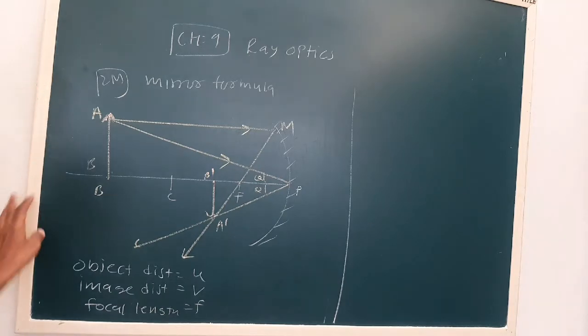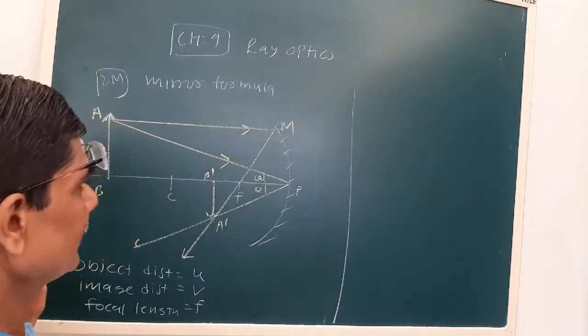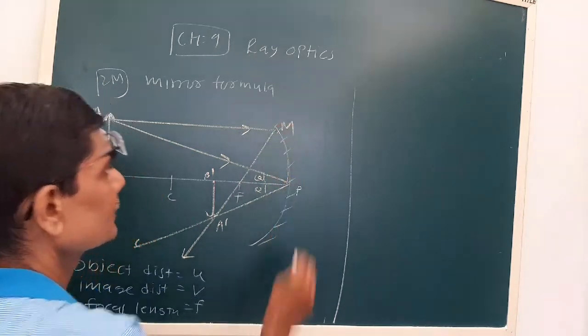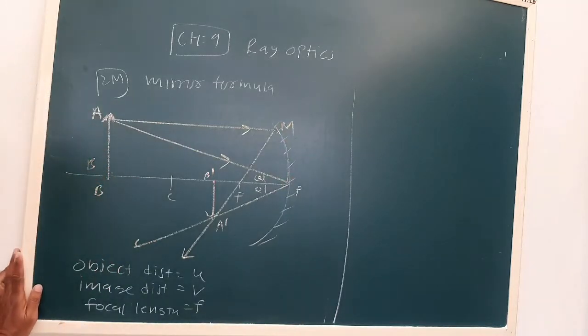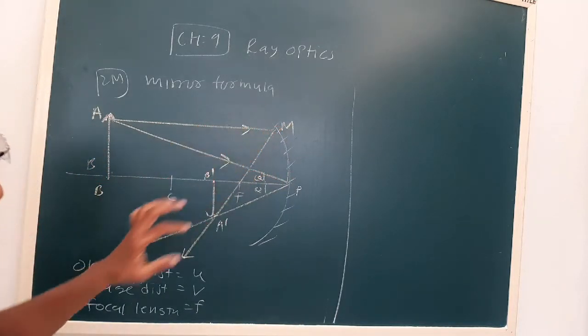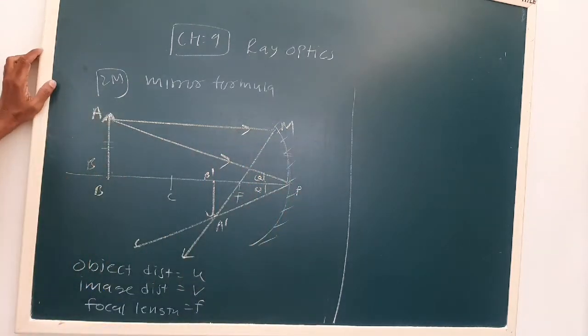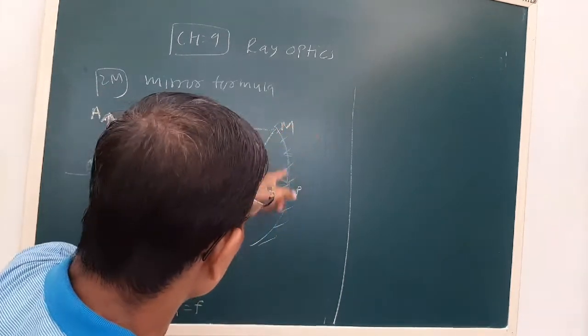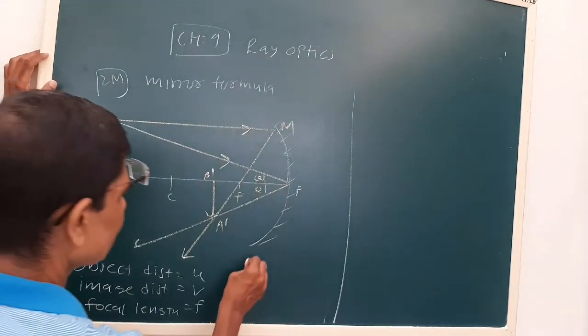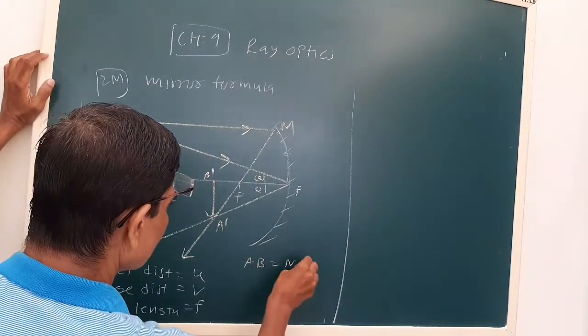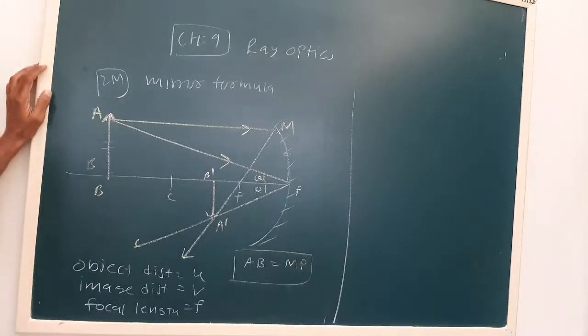Actually this is a curved path, but we take some assumption. Then this is also a straight line, and these are the opposite sides. If I consider this as a straight line, this will be a rectangle. So we assume that AB is equal to MP. That is a very useful relation.